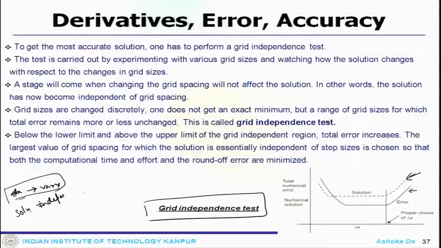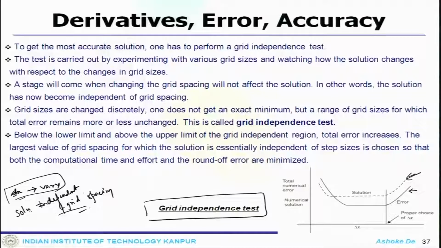That means the solution becomes independent of grid spacing. If that happens, the solution has become independent of grid spacing, and you can take that as an optimal size of the grid and move forward.